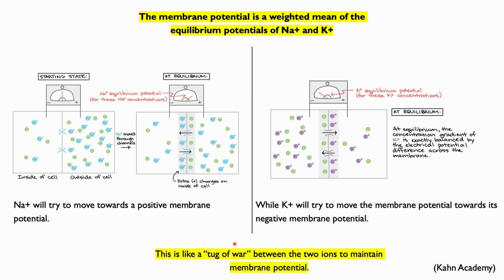So this tug of war between the two ions helps to maintain a membrane potential. And the membrane potential is the mean of the ions' equilibrium potentials for sodium and potassium. Remember, sodium's is 62 millivolts, whereas potassium's is negative 80.